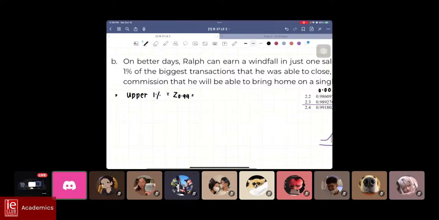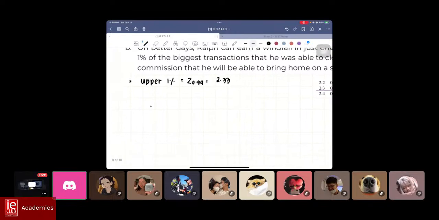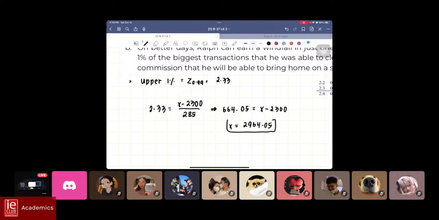So that's equal to 2.33. So plugging in the formula lang, 2.33 is equal to x minus 2,300 over 285. And then multiplying 285 to 2.33, we get 664.05 equals x minus 2,300. So x would be equal to 2,964.05.